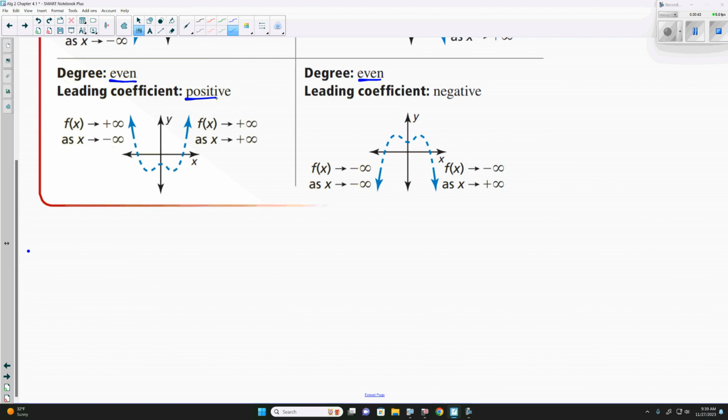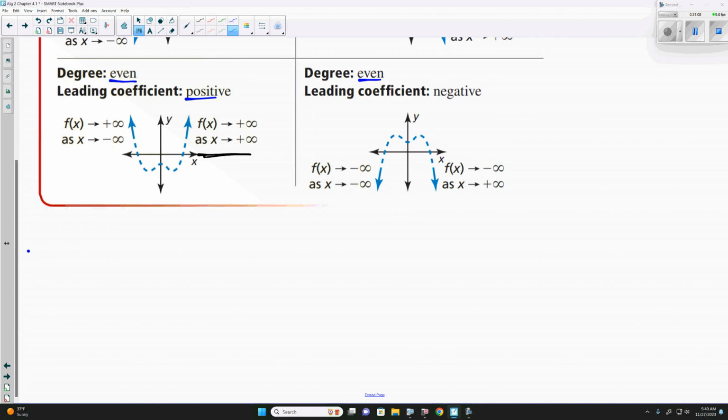So if the leading coefficient is positive and the degree is even, what we say, f of x approaches positive infinity as x approaches positive infinity. All that's saying is that x gets bigger, this half here.